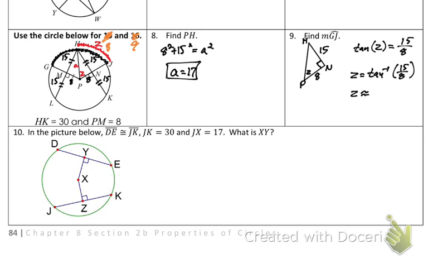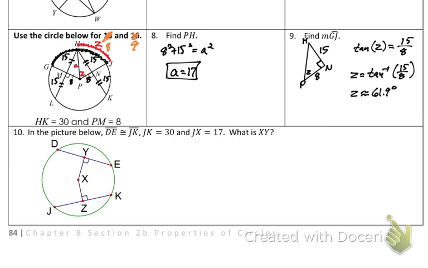Z is going to be about what? Z equals 61.9 degrees.